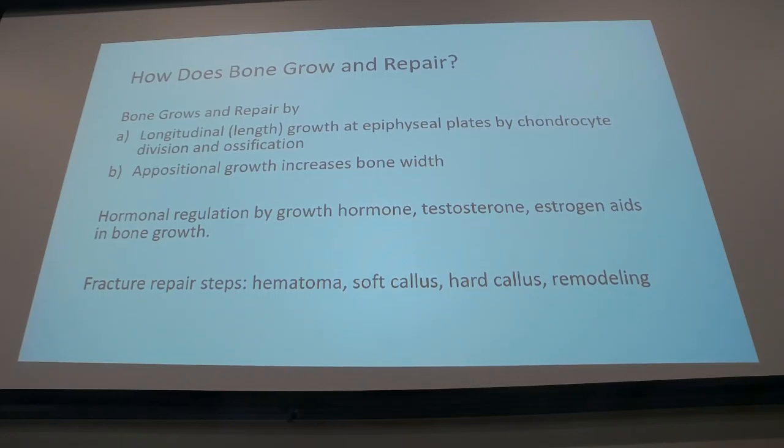And then you start ossifying this hyaline cartilage, you form a hard callus, and then you have remodeling. Fibroblasts, the cells that deposit these collagen fibers, participate as well, guys, in the repair of fractures.